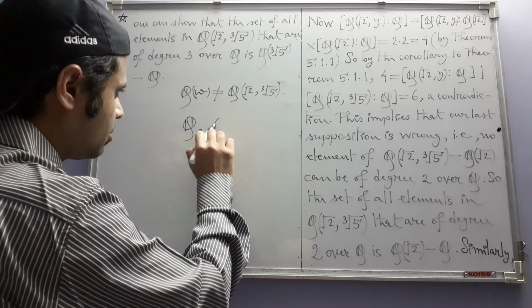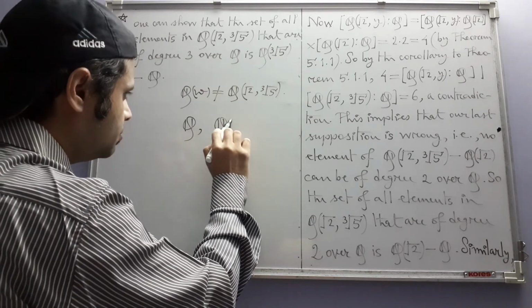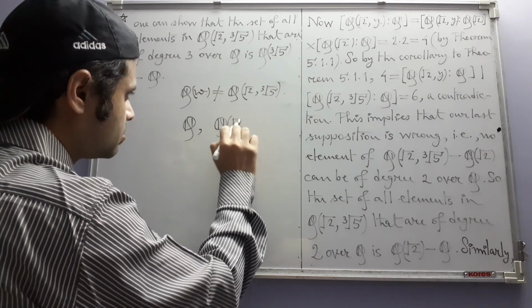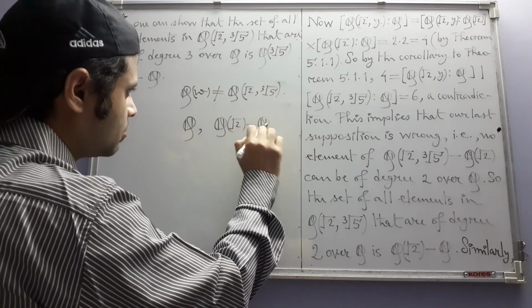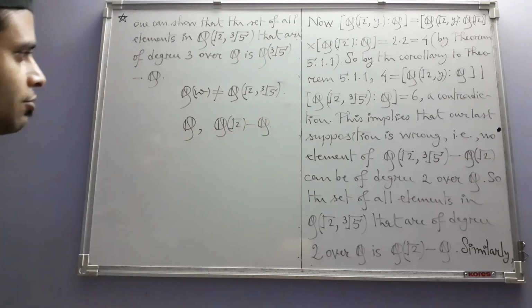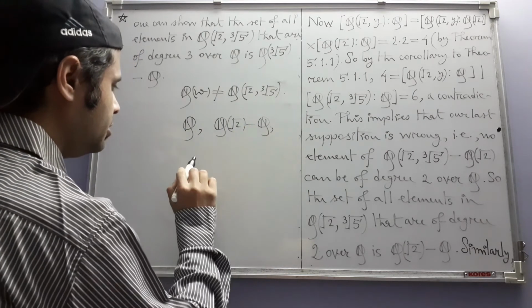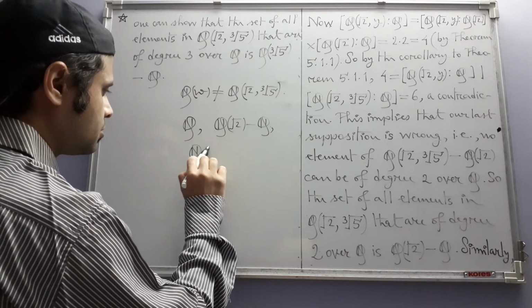The set of all elements of degree 2 is this, and the set of all elements of degree 3 is this.